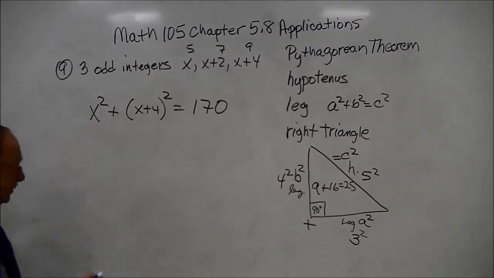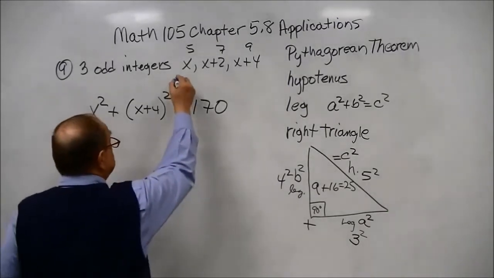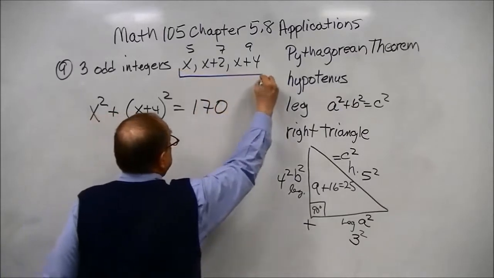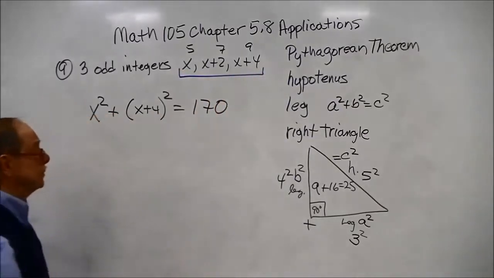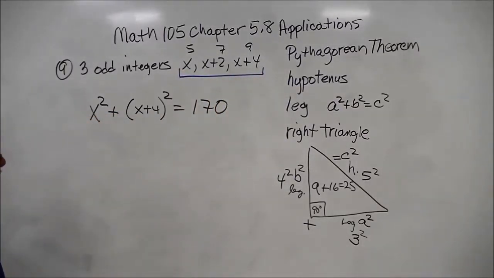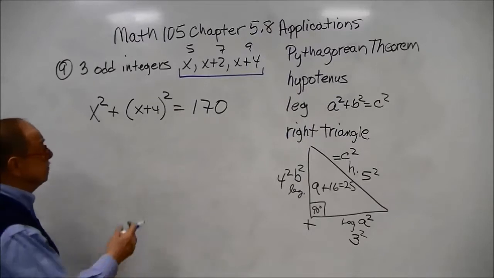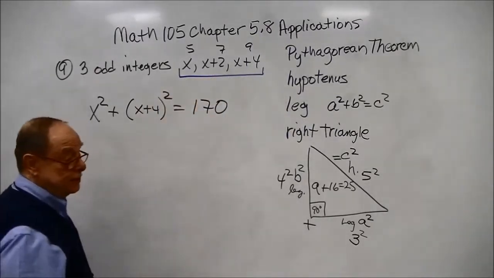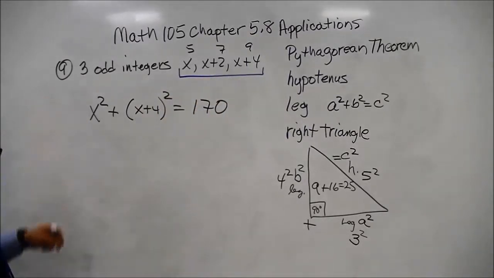Now, by the way, this algebraic representation is universal for any three consecutive odd integers. So this is what you would need to know to be able to do number 9.